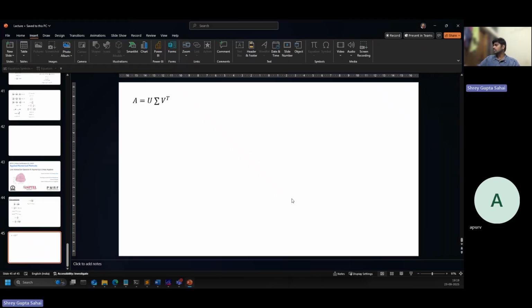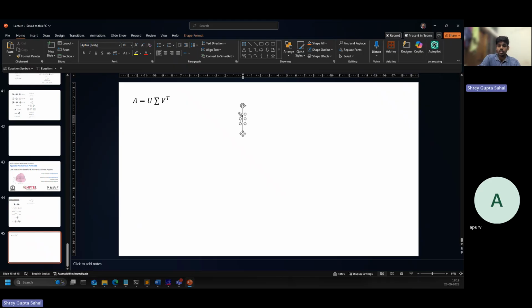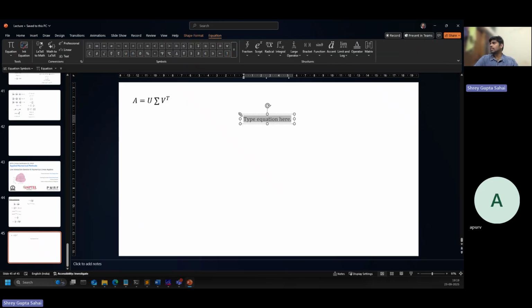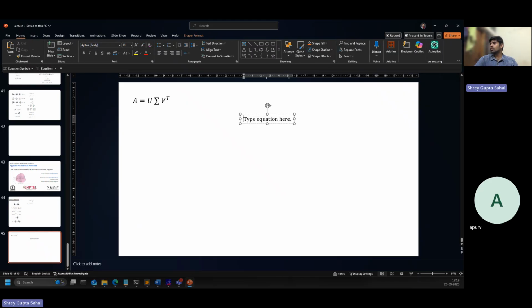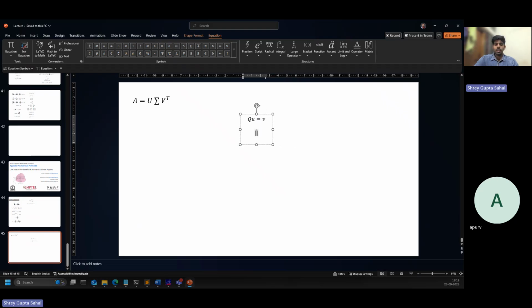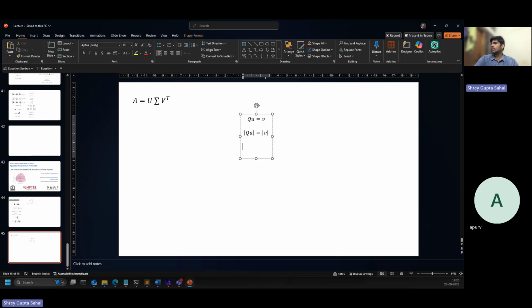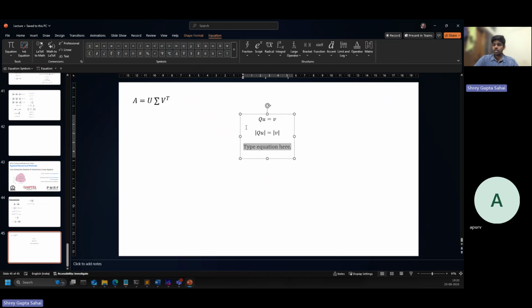I think the correct definition is: an orthogonal matrix is generally represented by this symbol Q. And when operated on any vector, it will give you a vector, but there are two things that happen with orthogonal matrices: their norm or the length is preserved, and also Q u dot Q v stays u dot v.